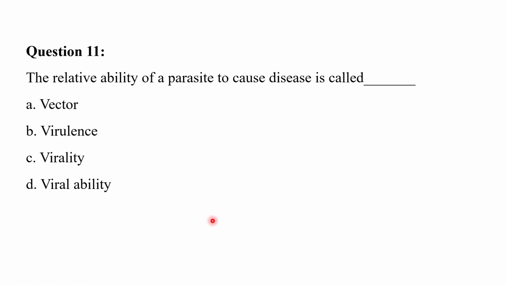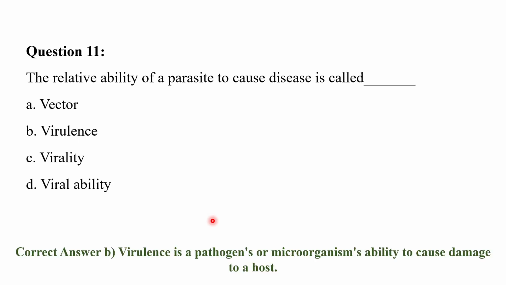So yes, the correct answer is option B, virulence. Virulence is a pathogen's or microorganism's ability to cause damage to a host. So virulence is basically the factor by which you can tell whether a microorganism or a pathogen is dangerous or not.